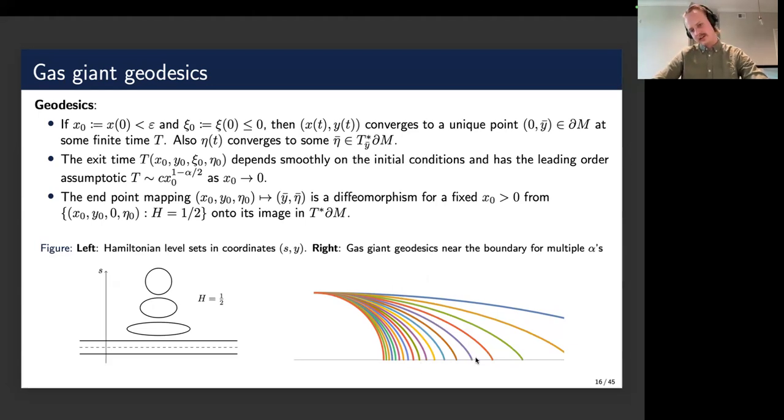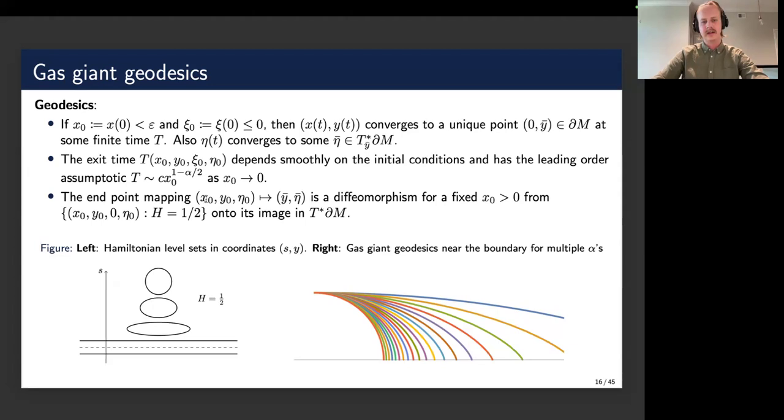From here, you can almost see it, but they all come normally to the boundary, for example. And if we now look at these coordinates s and y from the previous slide, you can see that your co-spheres in the cotangent spaces will become flatter and flatter ellipses as you approach the boundary, and then as you hit the boundary, something singular happens, and your co-spheres blow up into two planes essentially.